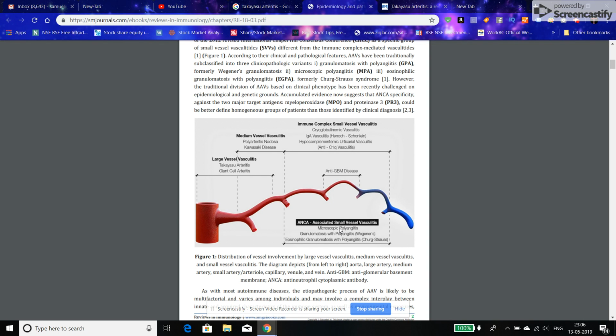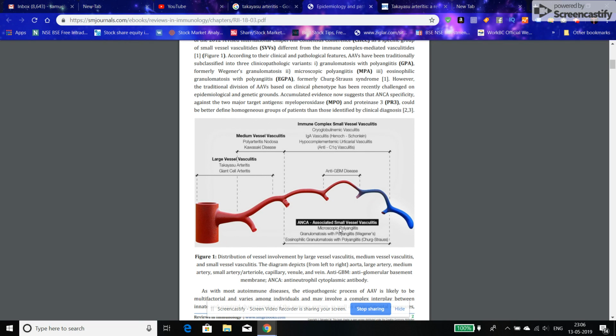The medium vessel arteritis involves the branches of the aortic branches, and the diseases include polyarteritis nodosa and Kawasaki disease.